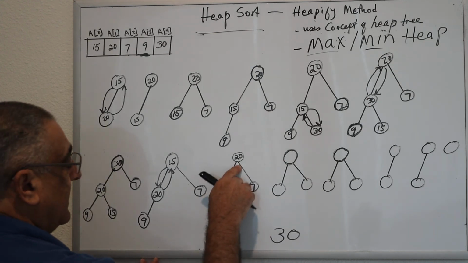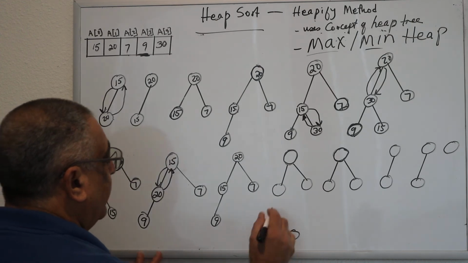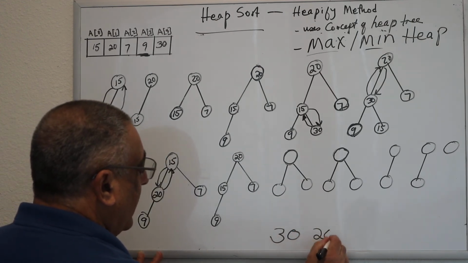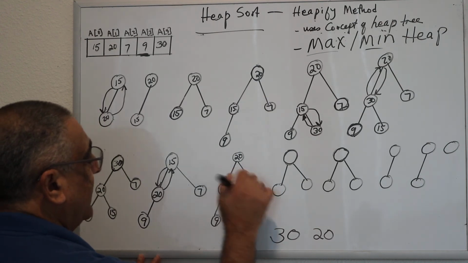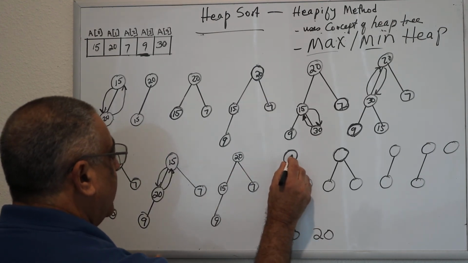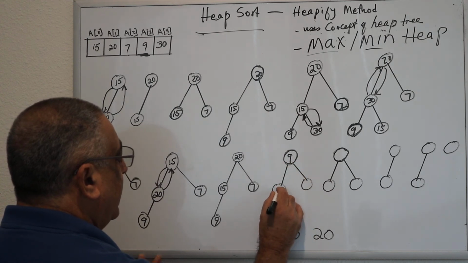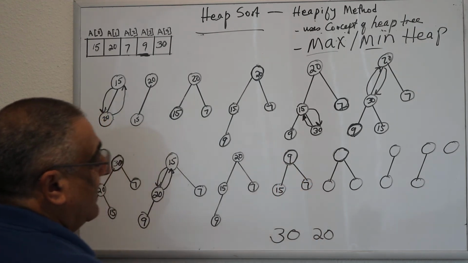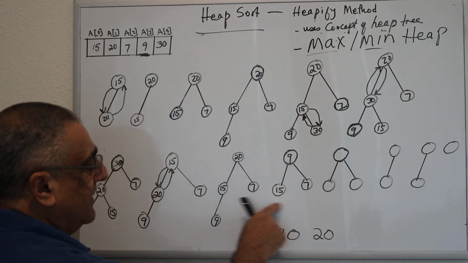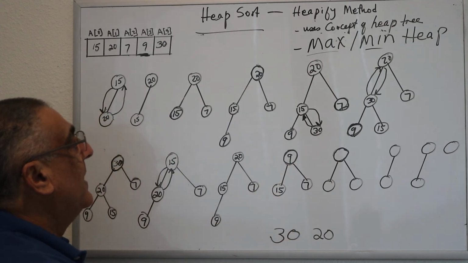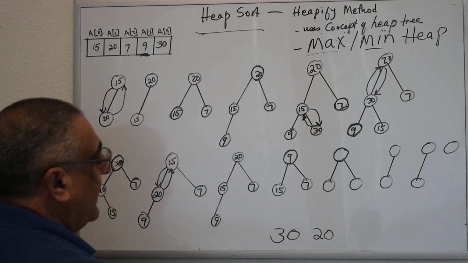Now I'm going to take the root. I'm going to print 20, and I'm going to take the bottom right node and move it up there. So I'm going to put 9 here, 15, and 7. Okay. So now this is my heap, but it doesn't meet the max heap tree.